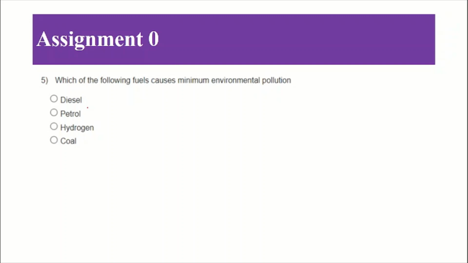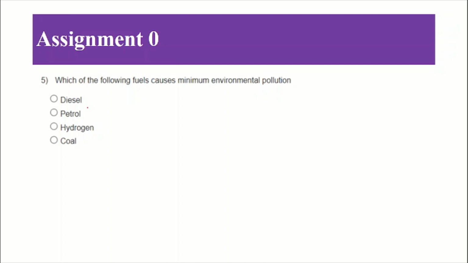Do you know hydrogen combustion is whether it is exothermic or endothermic? Not sure about this? Okay, that's okay. So hydrogen combustion is highly exothermic, and the temperatures can go very high. And if the hydrogen combustion is occurring in the presence of air, air also has nitrogen in it.